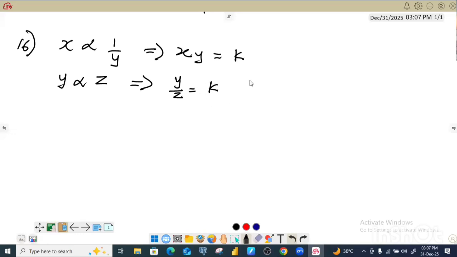So making y the subject of the formula, y will be k over x, and at this point, y will be kz. So k over x equal to kz. So what we have here is inverse proportionality.